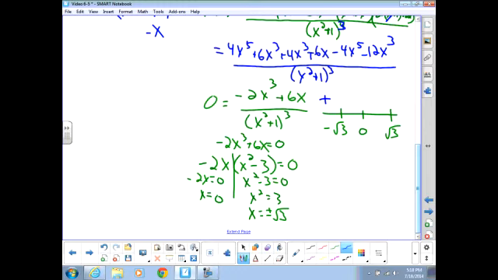The first part will come back as a positive 2, and then a negative 6, so we'll have a negative. If you put in a positive 1, we'll have a negative 2 and a positive 6, so that'll be a positive. And if you put in like positive 10 million, it'll be negative 2 times positive 10 million cubed, which will be a huge negative number. And then 6 times 10 million will be big, but not quite as big as the first part, so it will be negative.